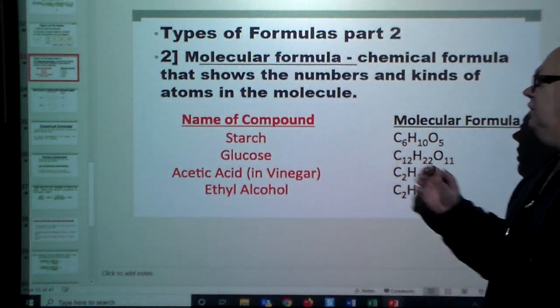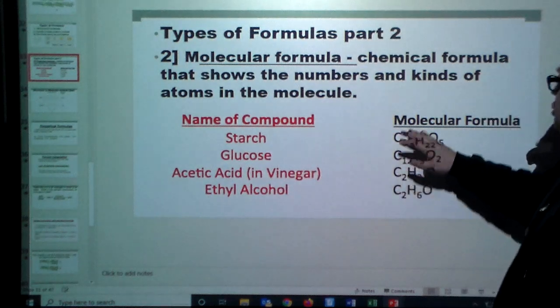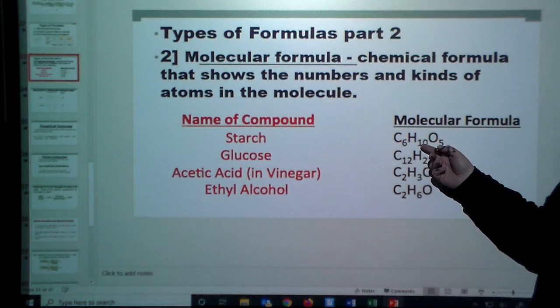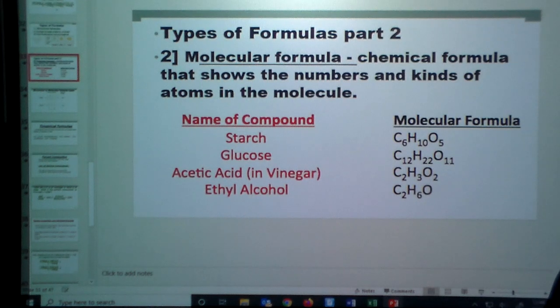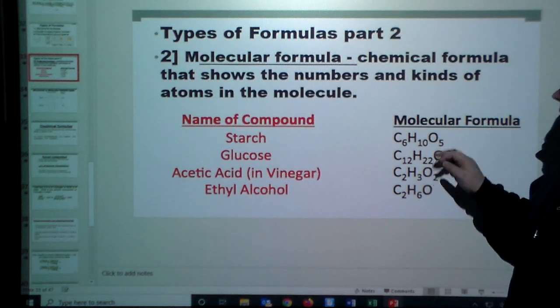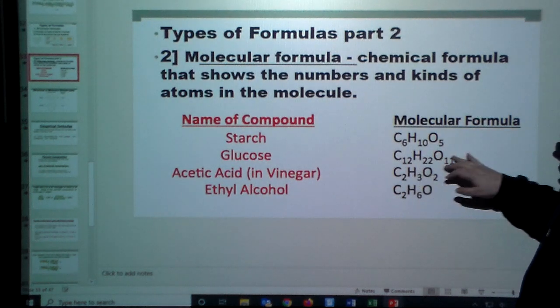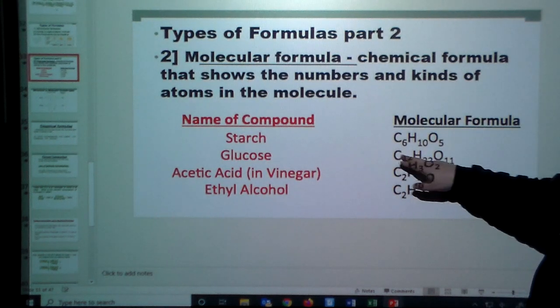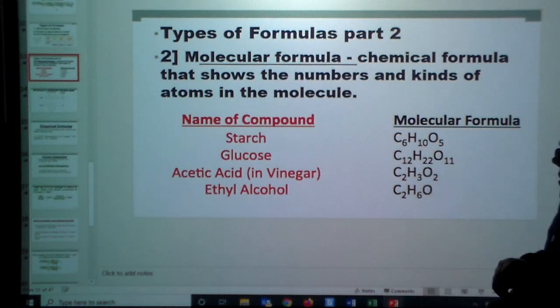Okay? So let's do some examples here. So name a compound, starch. The molecular formula is C6H10O5. Okay? All right. Glucose, C12H22O11. Now you kind of notice it's gotten a little bit bigger. These are molecular formulas, but they don't tell you how it's put together.